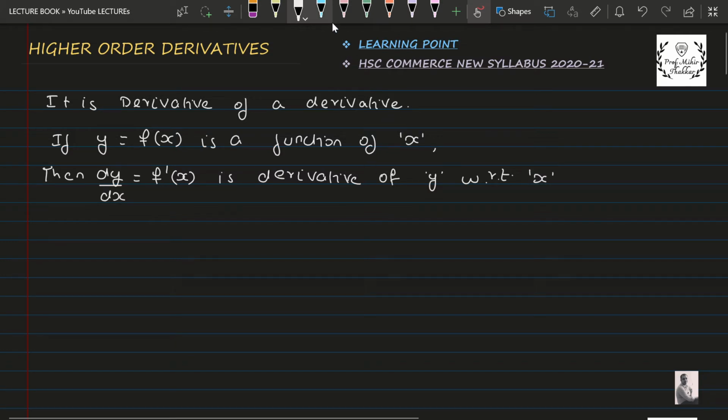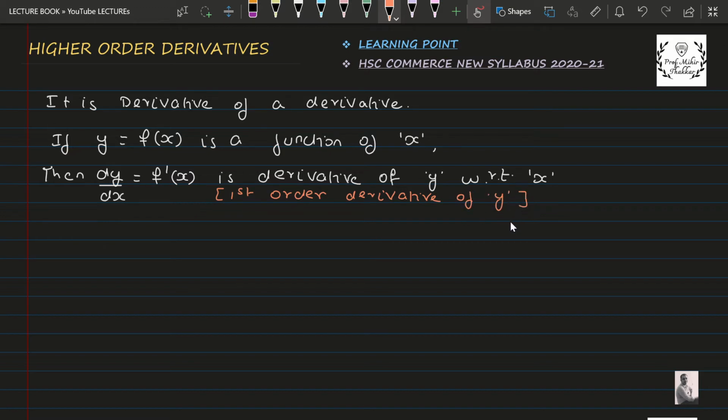This derivative of y with respect to x is actually the first order derivative of y. It is called first order derivative because we have differentiated y only once.